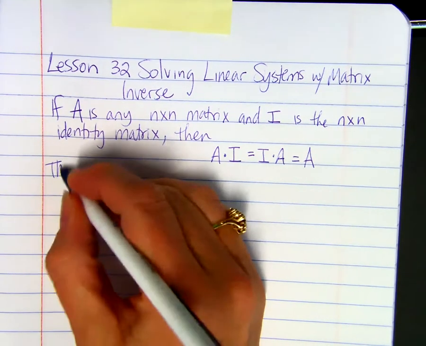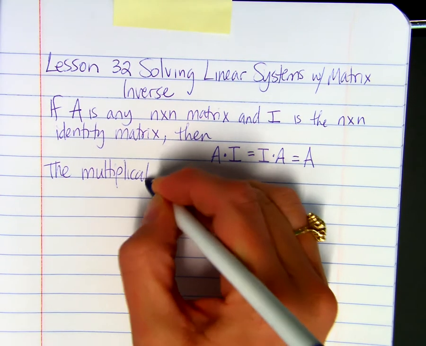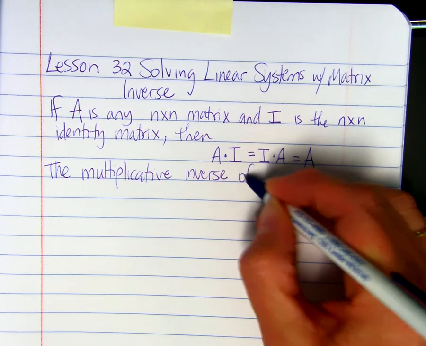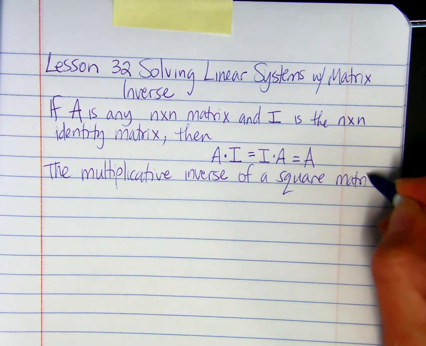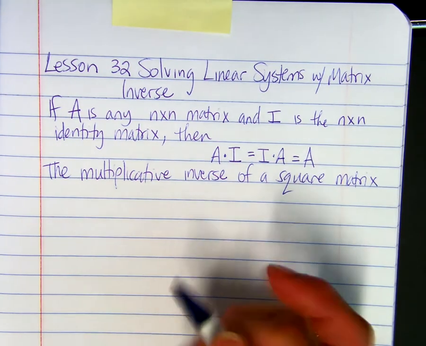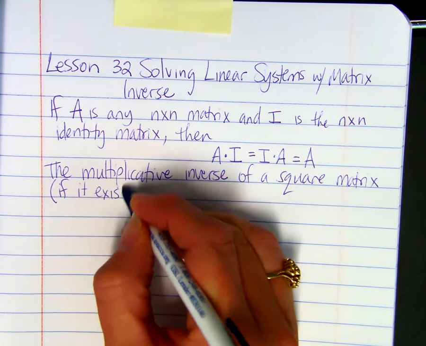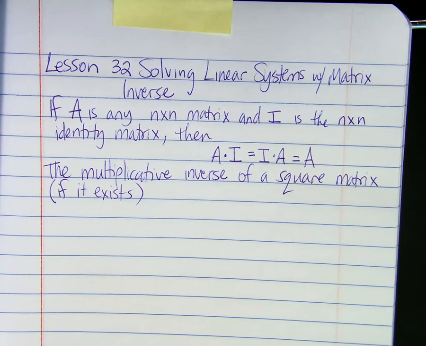So the multiplicative inverse of a square matrix, if it exists, because not all of them exist. Not all square matrices have a multiplicative inverse.